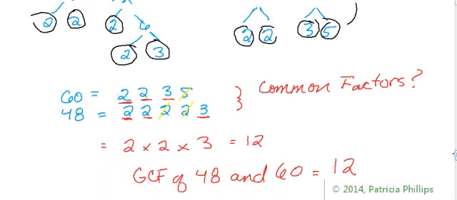But when you're finding the greatest common factor, after you factor the primes, you line them up, and the ones that are common, you can remove those out and write them in ascending order. And what you do when you're done with the common factors is just multiply them together, and that number will be your greatest common factor. So the greatest common factor of 48 and 60 equals 12.